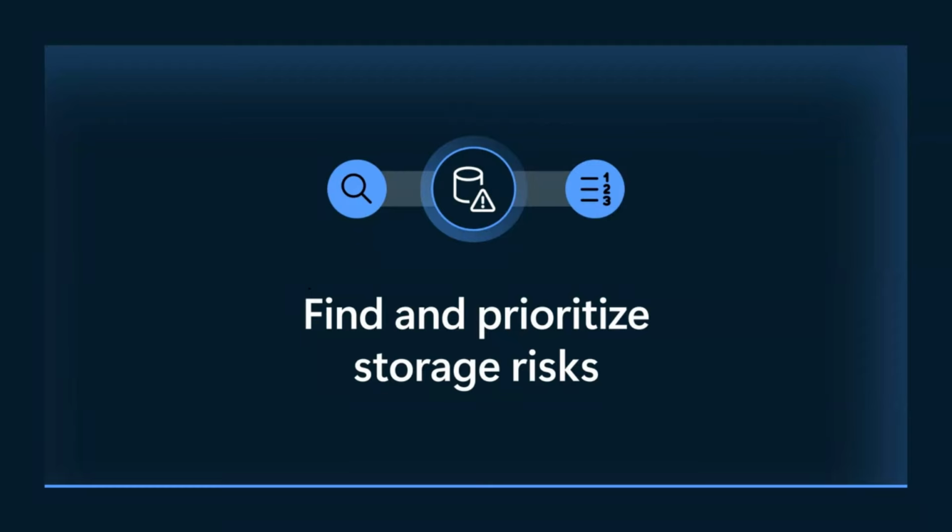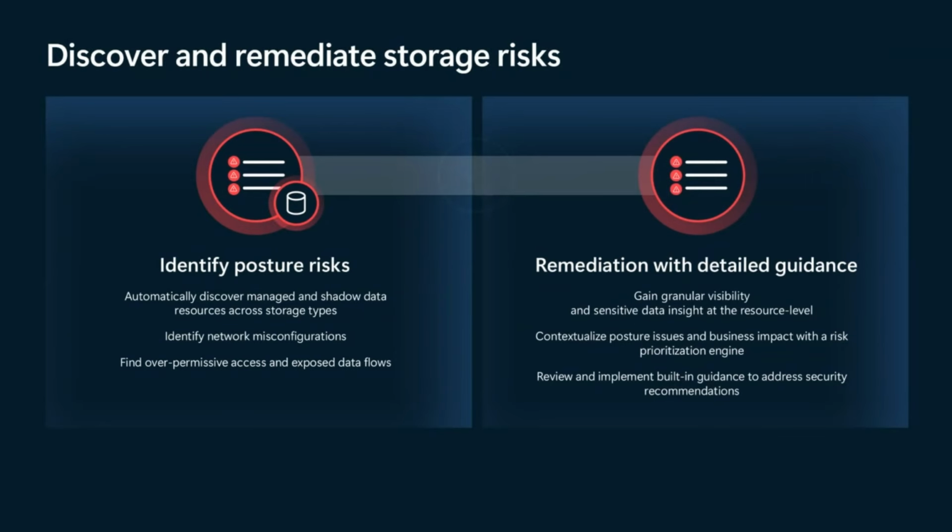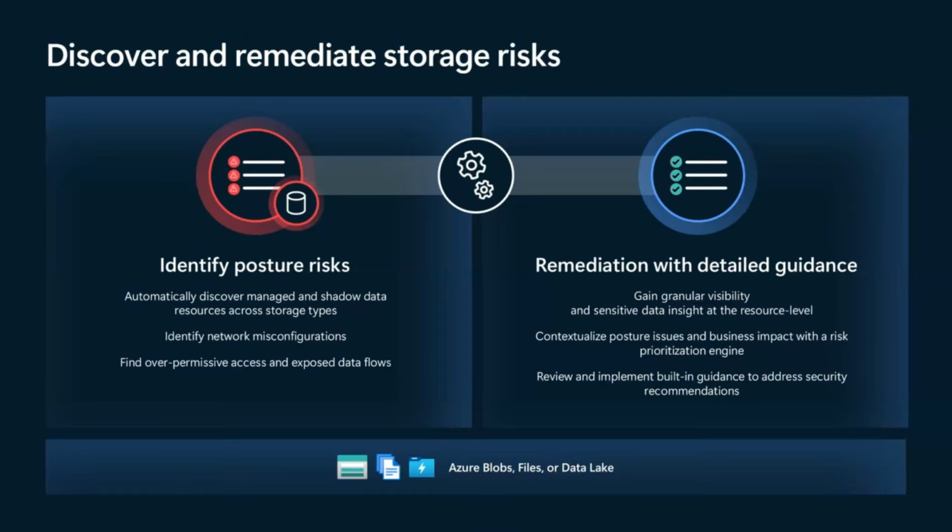So let's start with the posture side, with how do we find and prioritize storage risks. The idea behind our Start Secure concept is to identify posture risks, right, using Defender CSPM, allowing you to automatically discover all of your estate, all your storage accounts, identify misconfigurations, identify which storage accounts are open to the internet, which have public access, which have anonymous access, over-permissive access, sensitive data, and remediate it through the recommendations we offer.